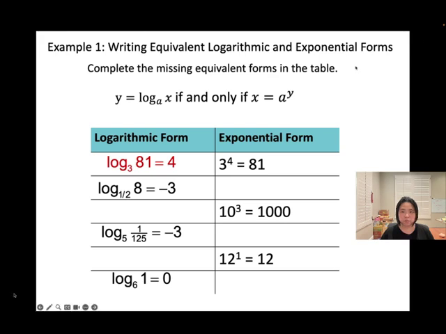Try your work. This one, a is going to be 1/2, x will be 8, and y equal to -3. So that will be 8 equal to 1/2 to the power of -3.